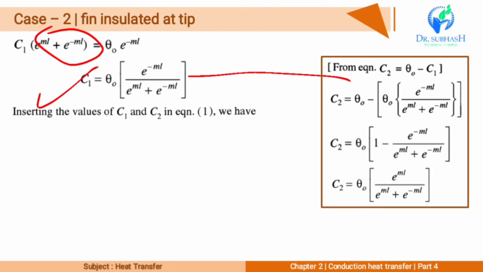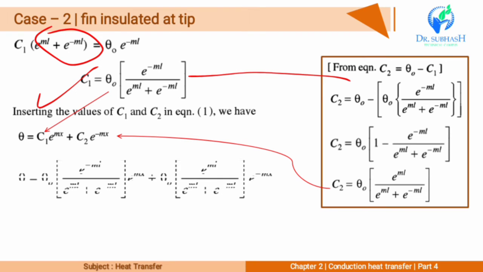So, inserting C1 and C2 in equation number 1, instead of C1 we now use this bracket. So, theta is equal to theta 0 inside the bracket e raised to minus ml divided by e raised to ml plus e raised to minus ml, e raised to mx, plus instead of C2 we put theta 0 inside the bracket e raised to ml divided by e raised to ml plus e raised to minus ml into e raised to minus mx.